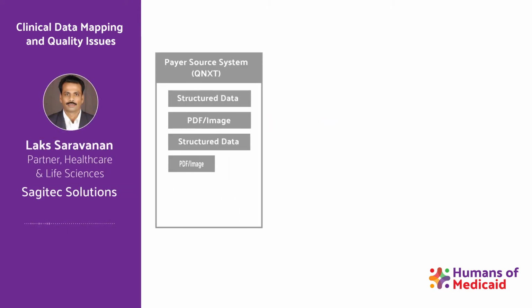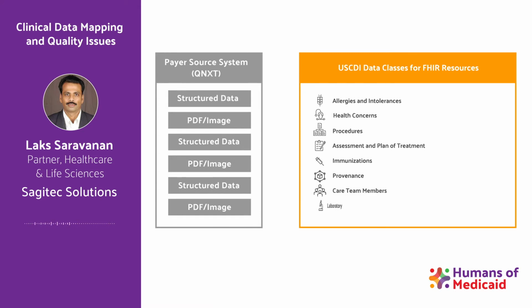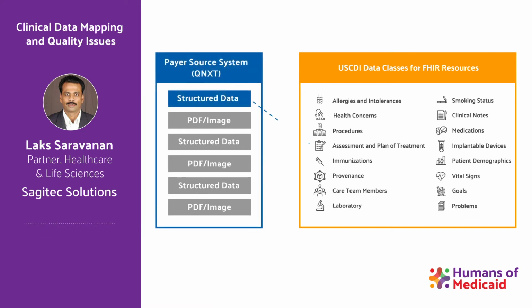Sure. There are a few suggestions from a practitioner perspective as well as from a CMS guidance perspective. If a payer has these clinical data elements in a structured data format, then they need to make the data available. But if it is available in a big blob or an image or a big PDF, then mining these PDFs is a challenge in terms of extracting that data out of those PDF documents.